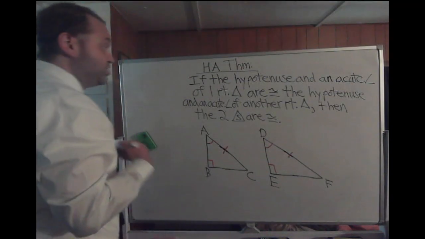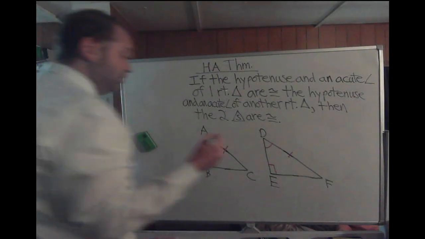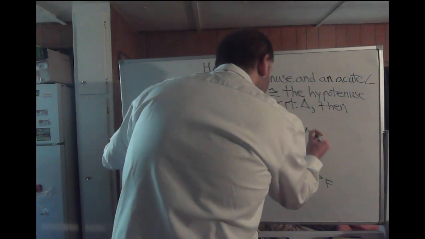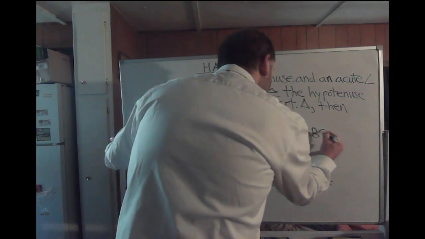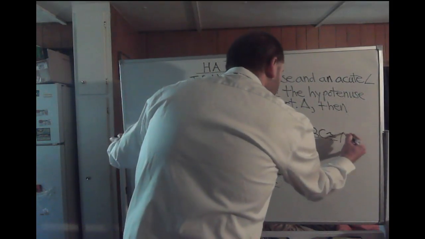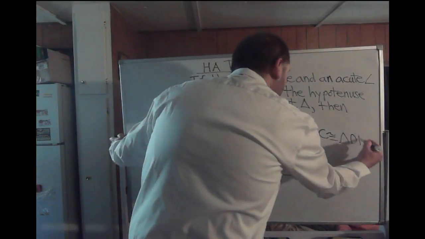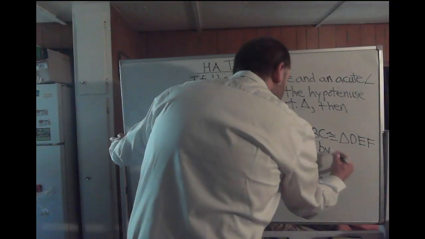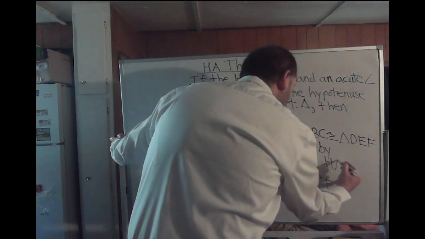So by the HA theorem, the hypotenuse-acute angle theorem, we can conclude that triangle ABC is congruent to triangle DEF by the HA theorem.